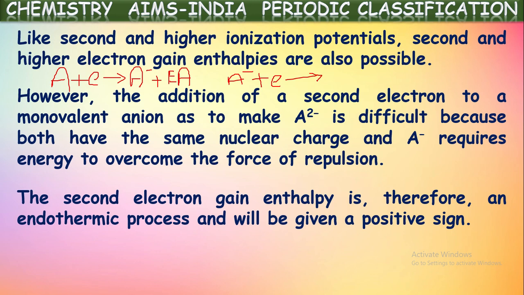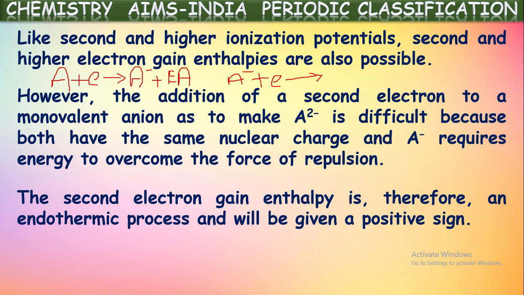Then that atom already has one extra electron. If we provide one more electron, it may take that electron, but there exist some repulsions between the already existing electrons and this incoming electron. So actually while gaining this electron, the atom may lose energy. But what is happening here?